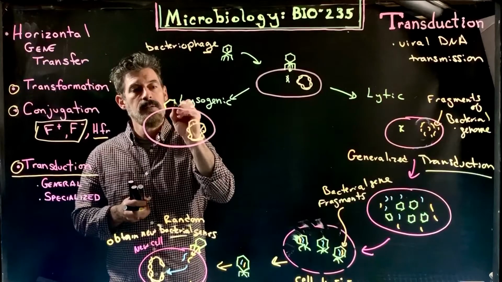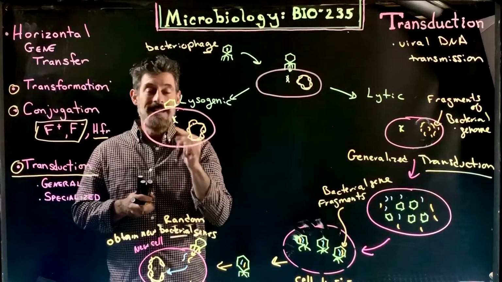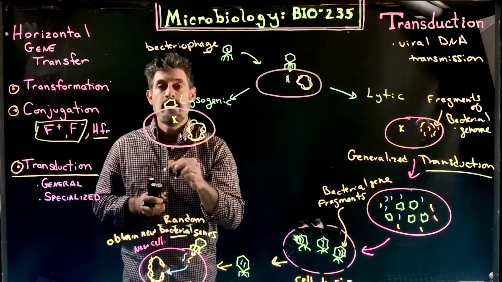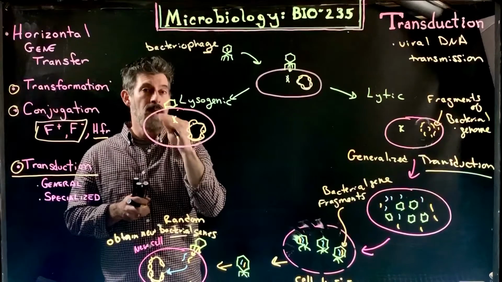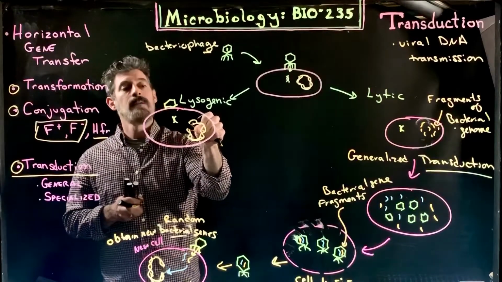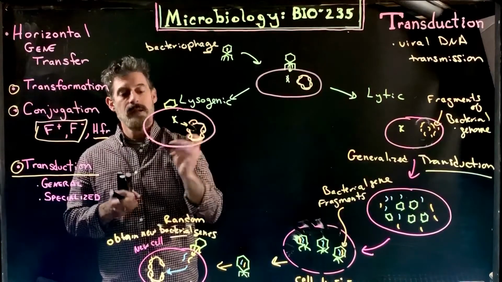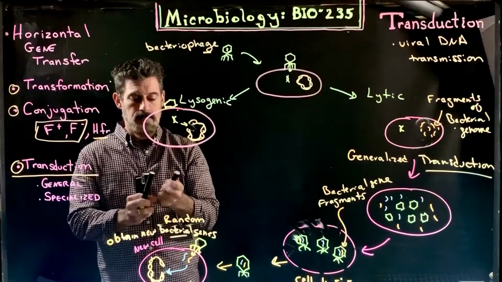So I'll draw the virus here, it's attached. Okay, the viral genome is inserted into the cell. And now what's going to occur is that this DNA isn't going to be replicated and the genes are not going to immediately be expressed. What's going to happen is the viral genome is going to become inserted into the host genome.